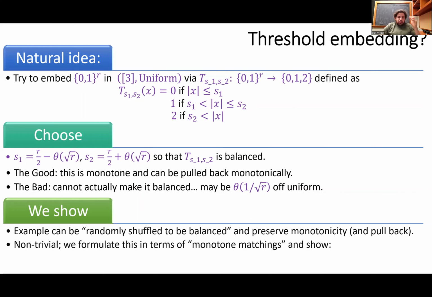And to prove that, we use a notion called monotone matchings, which are matchings that only take monotone edges, or monotone pairs, on the hypercube, and this is where most of the work goes in.